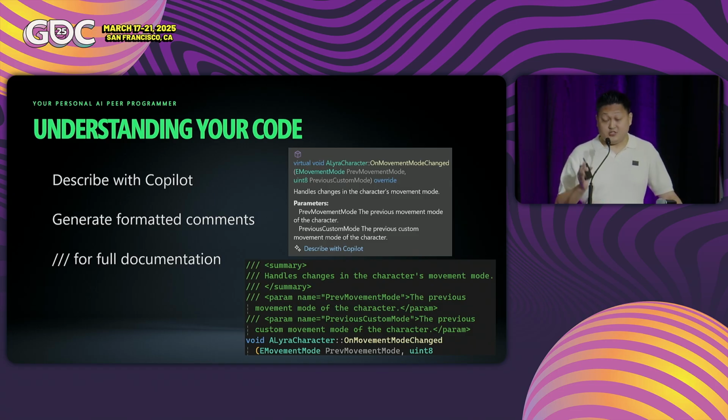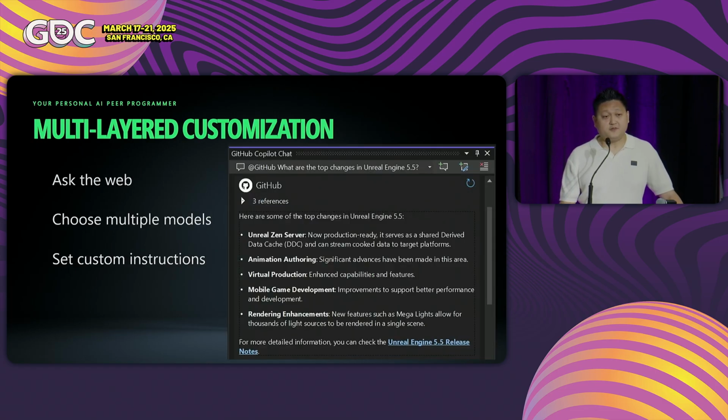The /// doesn't have to be in this particular Doxygen format. You get to choose if you have a particular formatting for documentation. And of course, we want to give you more choices of how to customize GitHub Copilot, with choosing different models to setting custom instructions. Once again, the choice is in your hands.